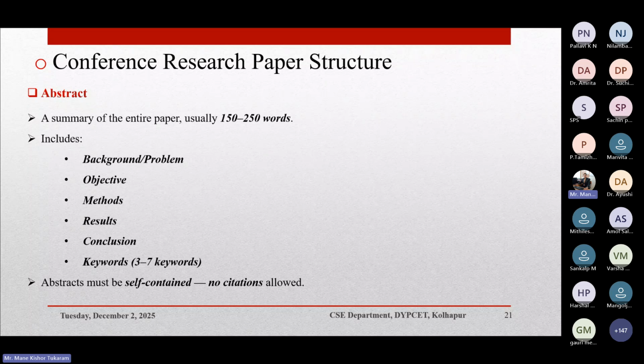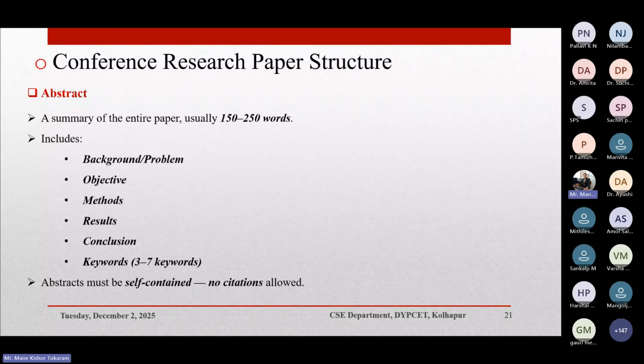So what are the contents which we need to write? The abstract contains first 2 to 3 lines related to the domain where you are working, or where you need to solve the problem. That domain information or background of the domain can be represented as the first part.